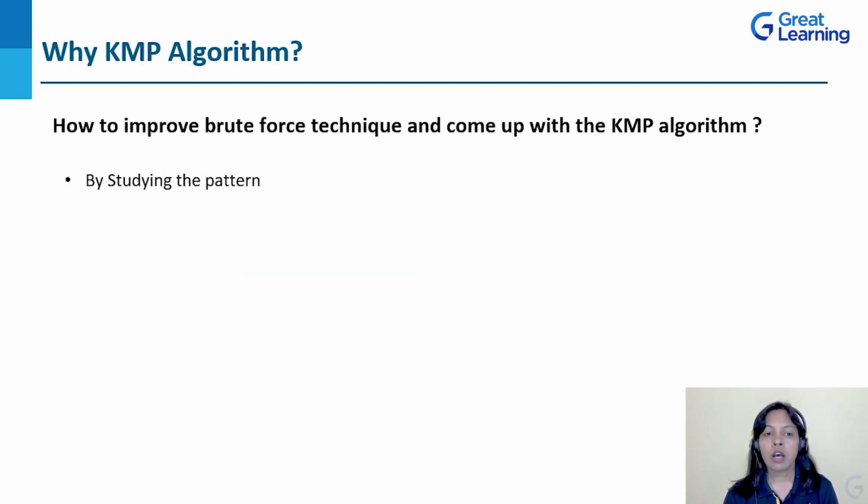Now, how do we improve the brute force technique, that is the naive algorithm, and come up with the KMP algorithm? The only single point by which we can improve the naive algorithm and reach the KMP algorithm is by studying the pattern. If a pattern is given to be found in a string, and suppose the pattern is A, B, C, A, B, then we have to analyze how this pattern is, so that we don't have to do a lot of backtracking.